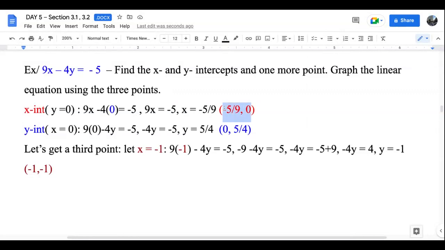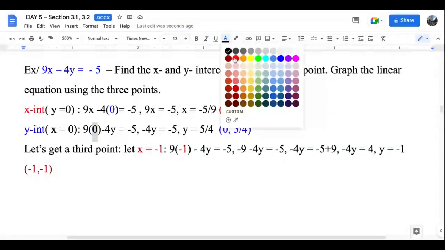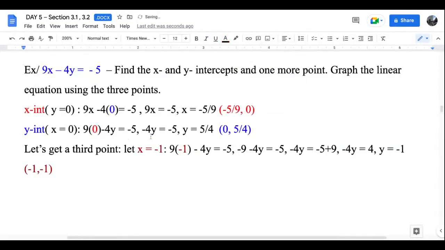So we get negative 5 over 9, comma 0 as x-intercept. And we want to find the y-intercept, which means x value is 0. Then we solve for y. We get y equals 5 over 4. So 0, comma 5 over 4 is y-intercept. Negative 5 over 9, comma 0 is x-intercept.